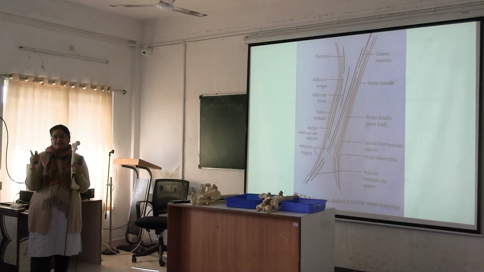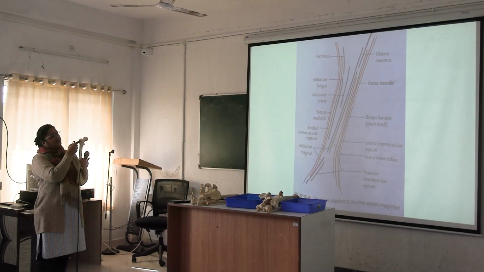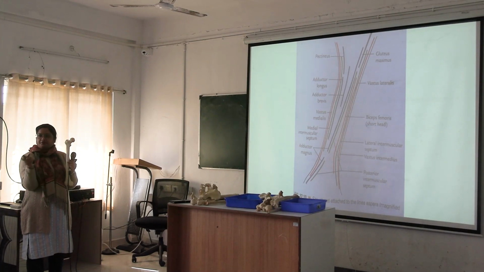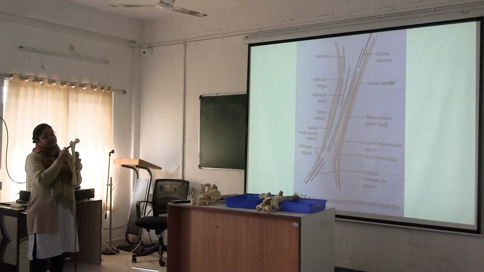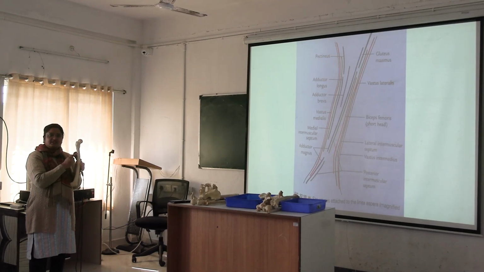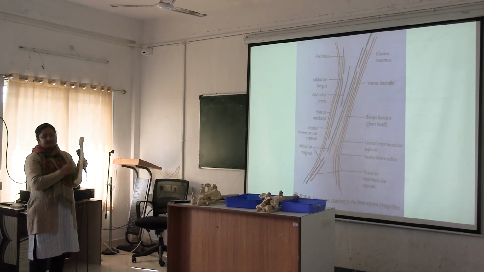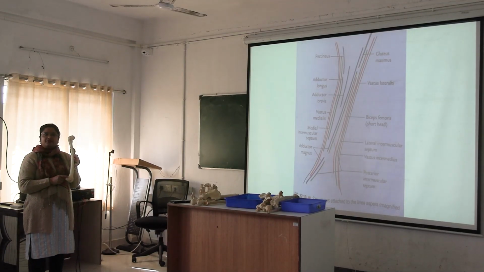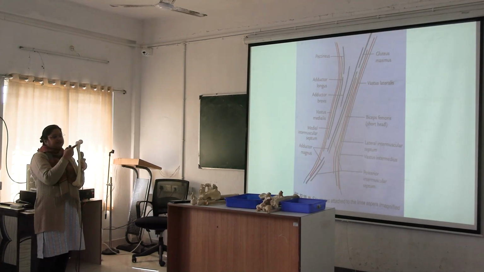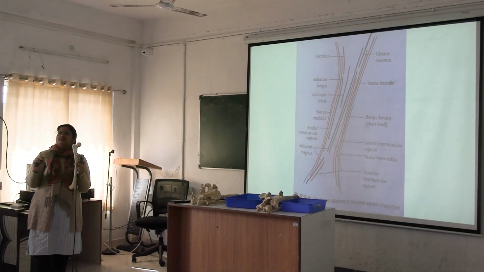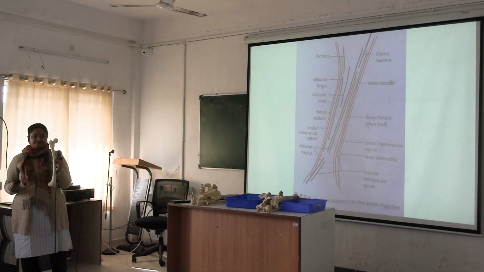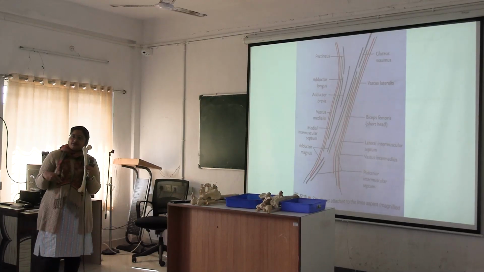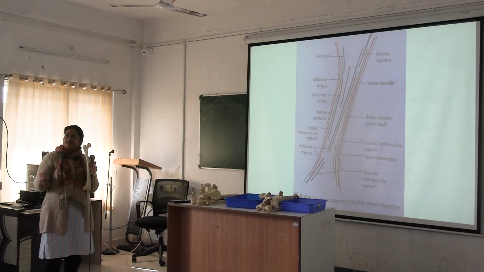It is attached here in the upper part of the intertrochanteric line, then on the anterior and inferior aspect of the greater trochanter, then on the lateral side of the gluteal tuberosity, and then extending downward along the lateral lip of the linea aspera up to this epicondyle. So this whole extent is the attachment of the vastus lateralis origin. And insertion of all this vastus will be over the patella.